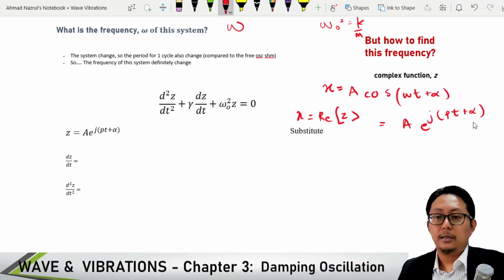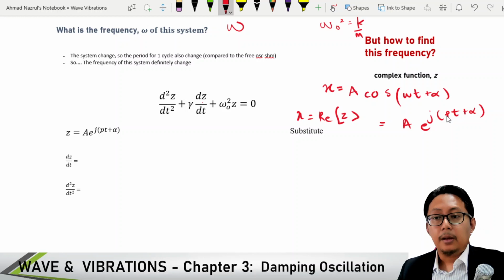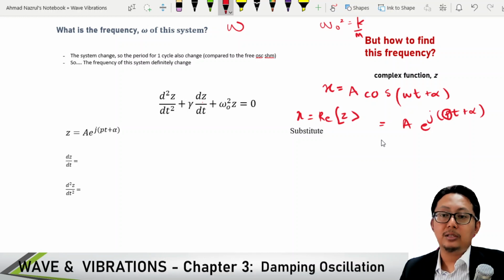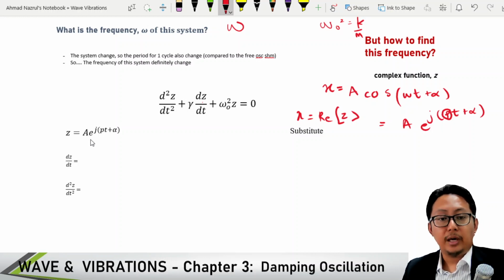Alpha is still the phase, t is time, and p is a parameter that we want to find. We cannot put omega here since we do not know the real value of omega; this is what we try to find from this equation. So z is equal to A exponential j(pt plus alpha).